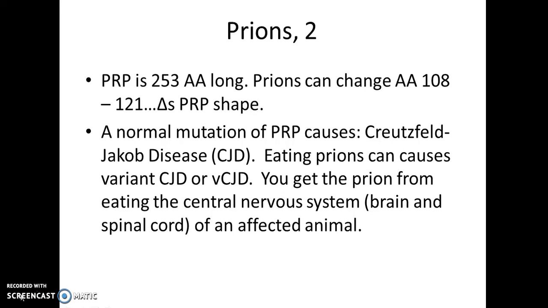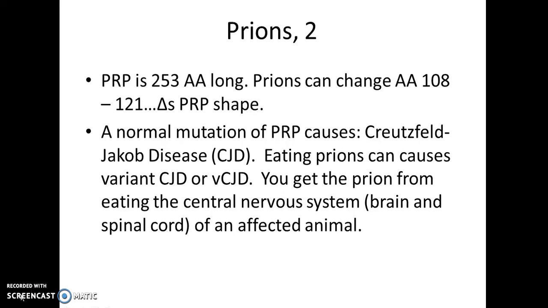Okay, so the only way to get these prions, any way to consume these prions, is from an organism that had these prions, and you need to consume the central nervous system, which is the brain and spinal cord of the affected animal. Now, this is basically mad cow disease.